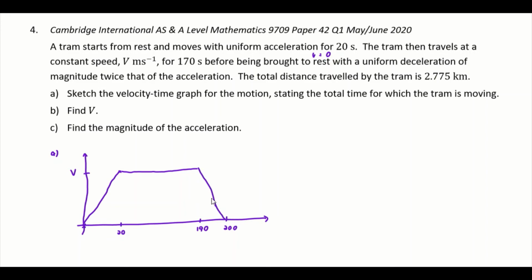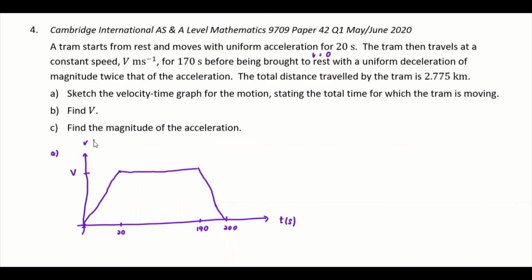If it's given 2 marks, one will be for your graph, and the other is to show that this line has a larger gradient, that is steeper than the first line. So this is how you get your A. Then stating the total time, the total time is 200 seconds.